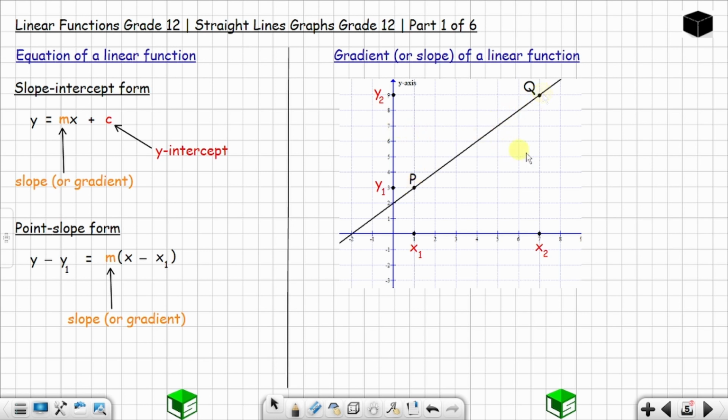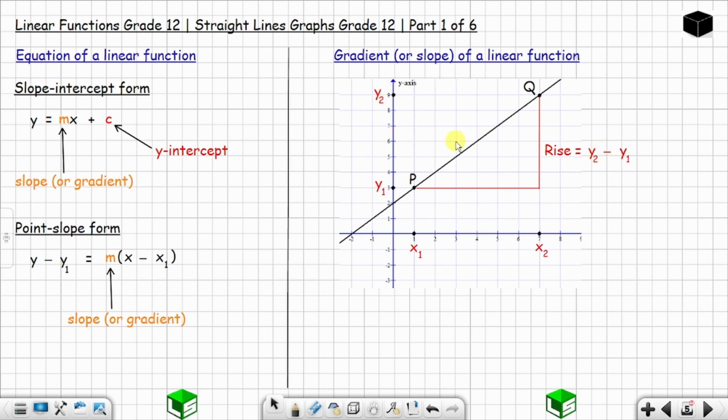If you want to get the gradient or the slope of a linear function, you are going to need the change in the y over the change in the x. The change in the y is known as the rise because you are rising, and the rise is equal to y2 minus y1.